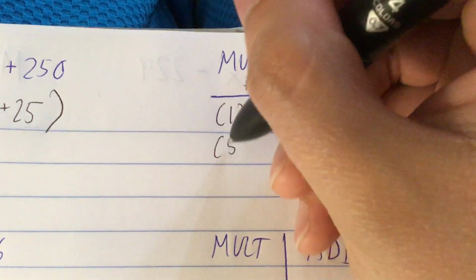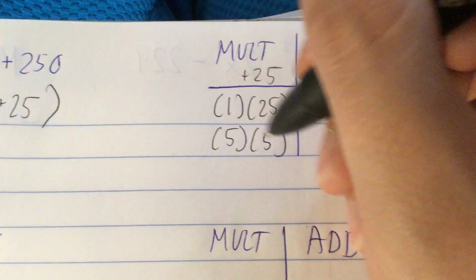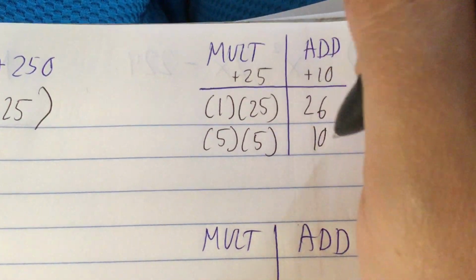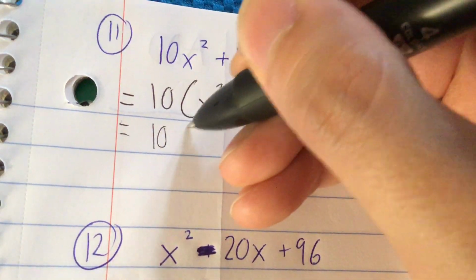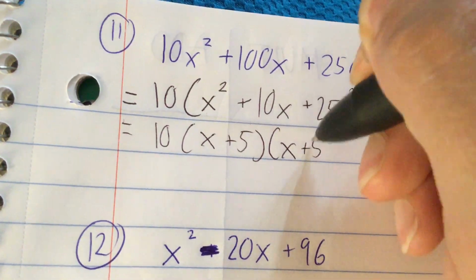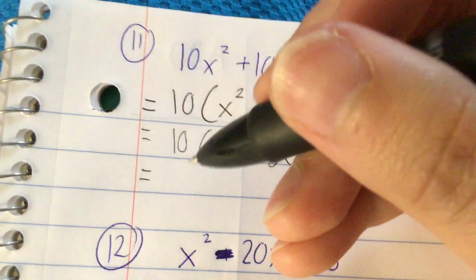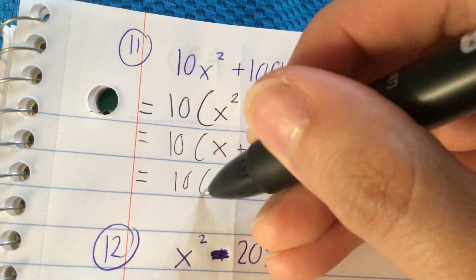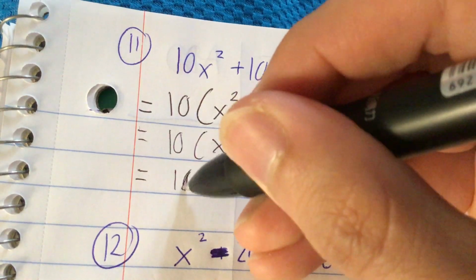So let's try positive 5 times positive 5. 5 times 5 is 25. 5 plus 5 is positive 10. That's our winning team. So this becomes 10 times x plus 5 times x plus 5. And I am totally okay with that. What you can also do is simplify it by making it 10 times x plus 5 quantity squared. Let me make that a little bit nicer.